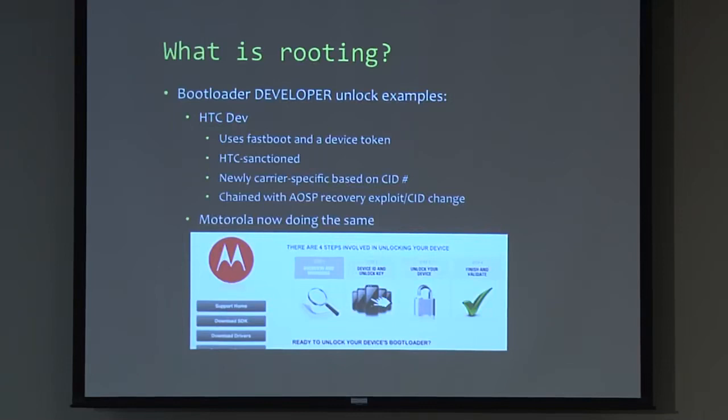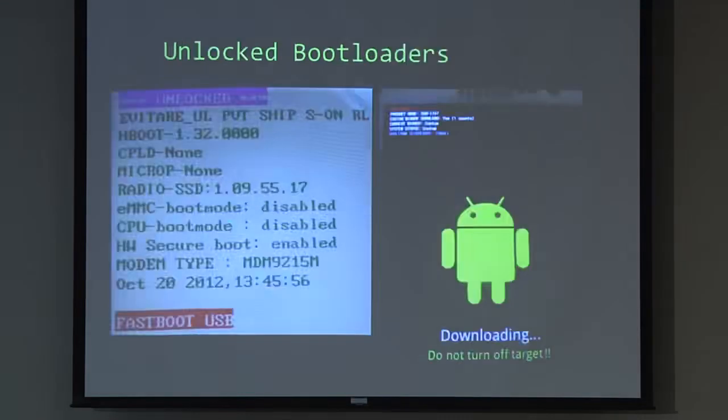So an attacker couldn't do that to get access to your data. It's HTC sanctioned. Some of the carriers, I think, have asked HTC to take their devices off. So if you have a device that you bought directly from HTC, you're going to be able to unlock it this way. If you went through the carrier subsidy program, maybe you can't. Now Motorola does the same thing.